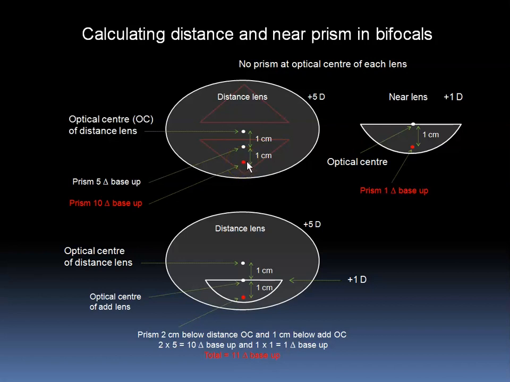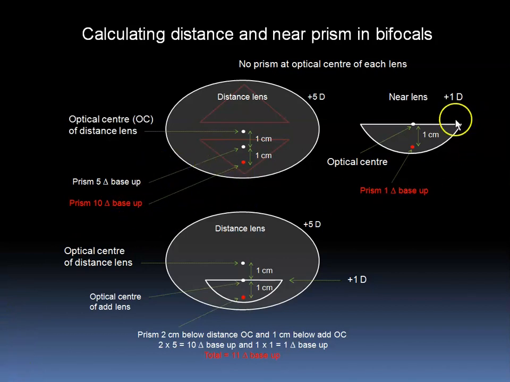According to Prentice's rule, we multiply 2 by 5 and we get a 10 prism diopter base up prism, because we are in the lower half of a plus lens. This is for the distance lens.